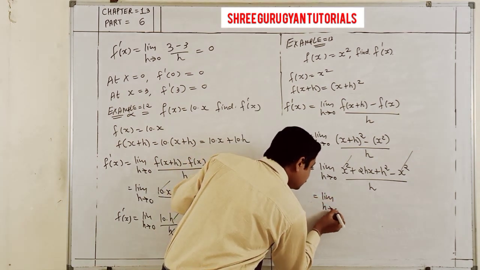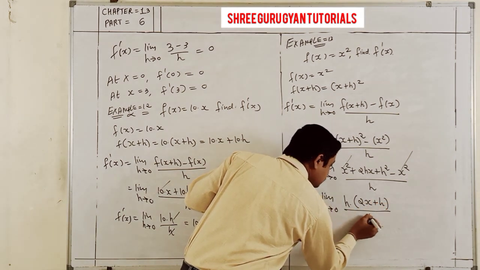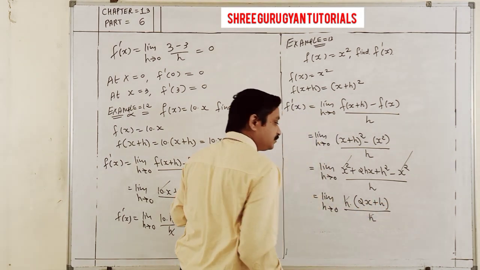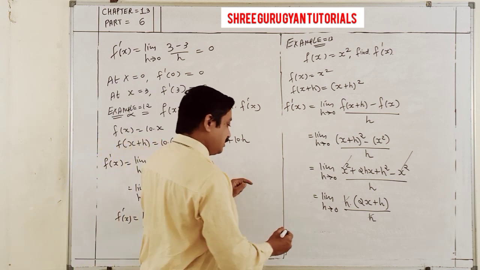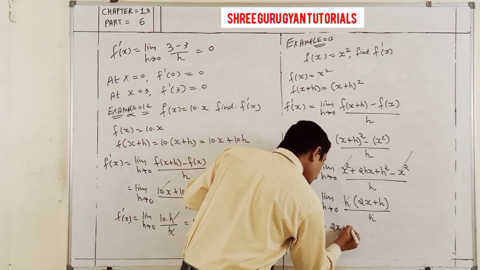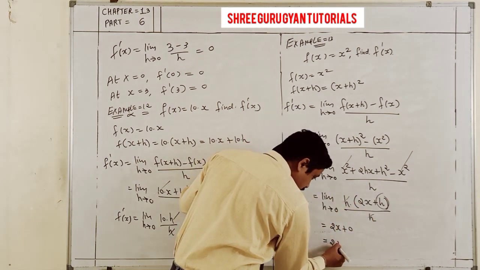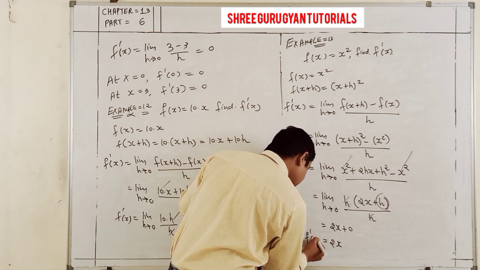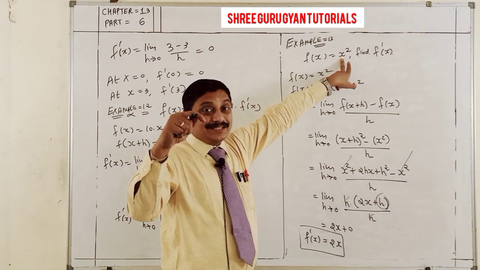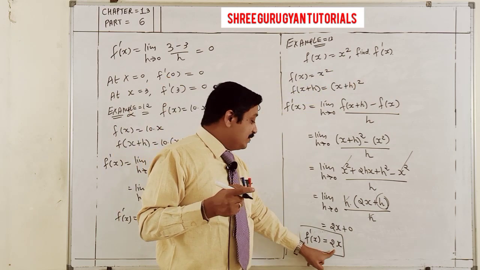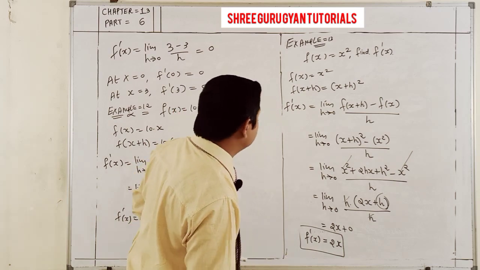So h tends to 0, here h common, so 2x plus h by h. Students, this also cancels, and remaining h, apply the 0 limit. So 2x plus 0 in place of h. My answer is only 2x, that is f dash x. That's your answer. You can also shortcutly use the x raised to n formula: apply it and you directly get 2x raised to 2 minus 1, it means only 2x.